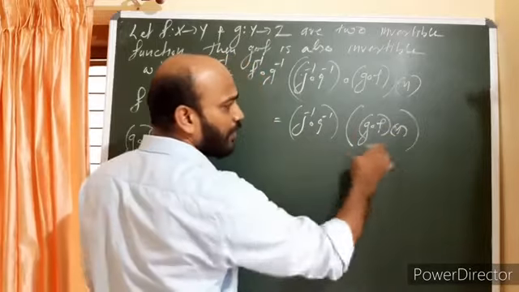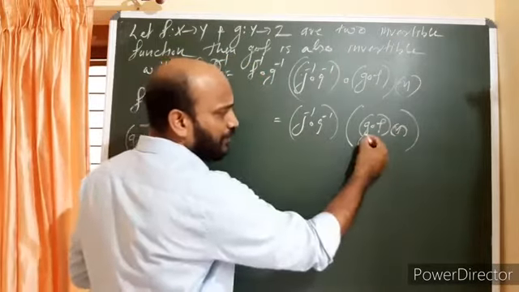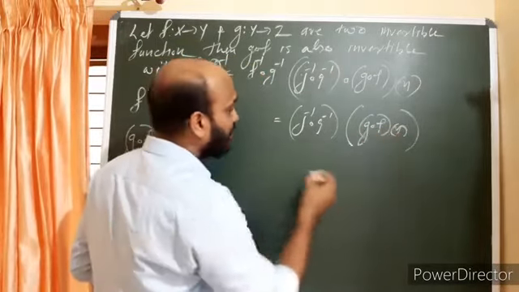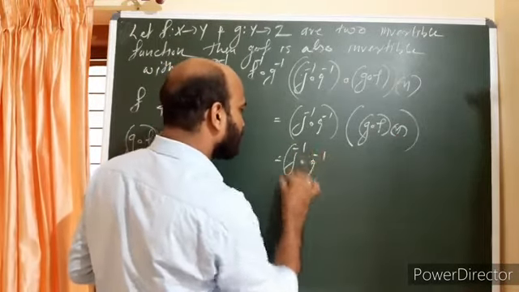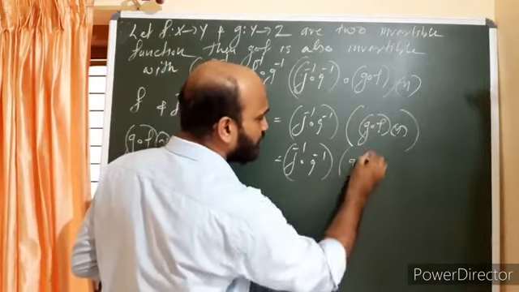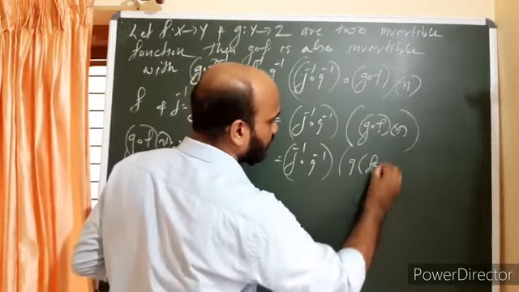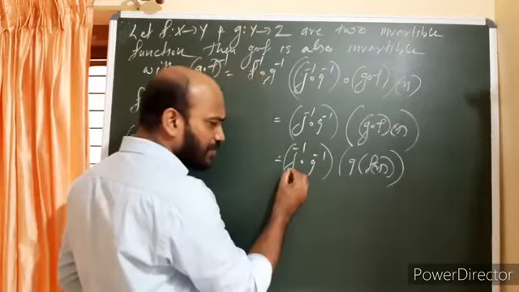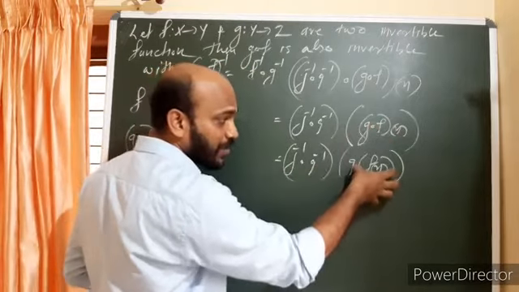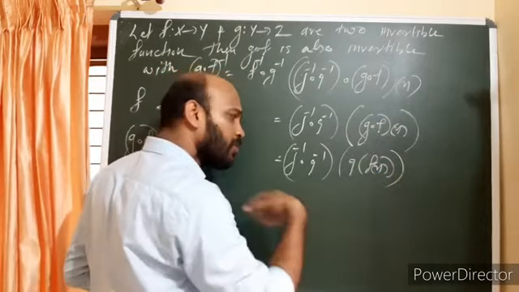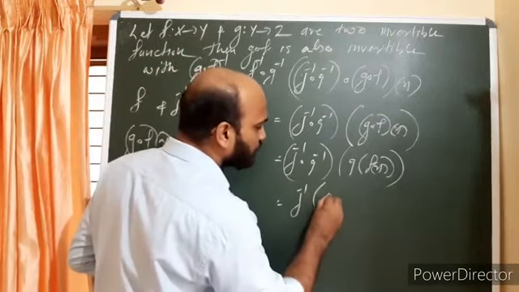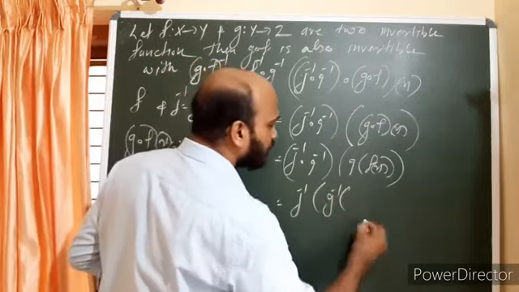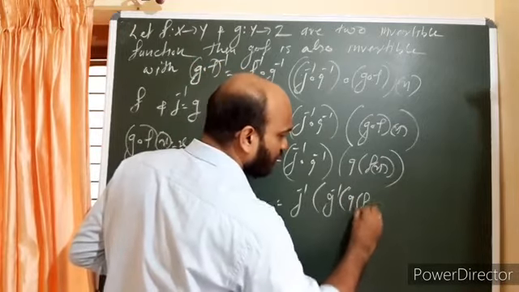So first we can simplify the bracket. Definition of composition you can use directly. It's just like f of g of x. In place of x we have this term. So again the same definition gives f inverse of g inverse of g of f of x.